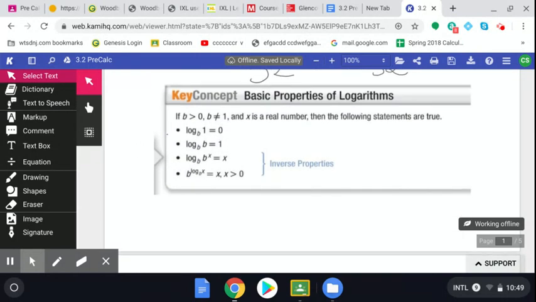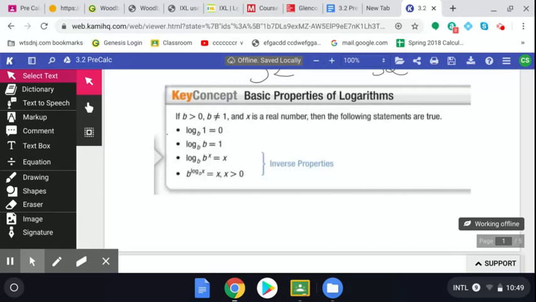So for any number greater than 0, and of course the number has to be greater than 0 because that's just what the domain of log functions are going to be. They are always going to have to be positive. If b is not 1 and x is a real number, then the following are true.